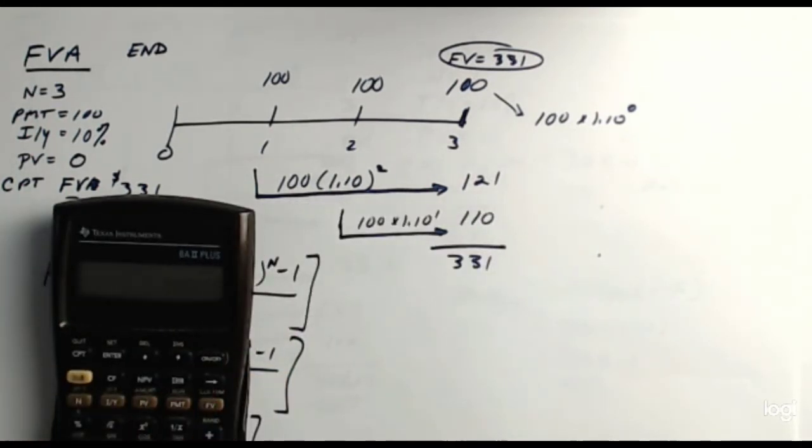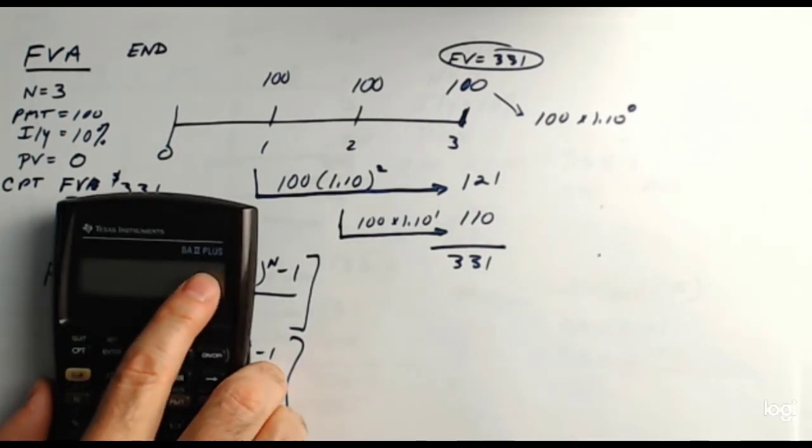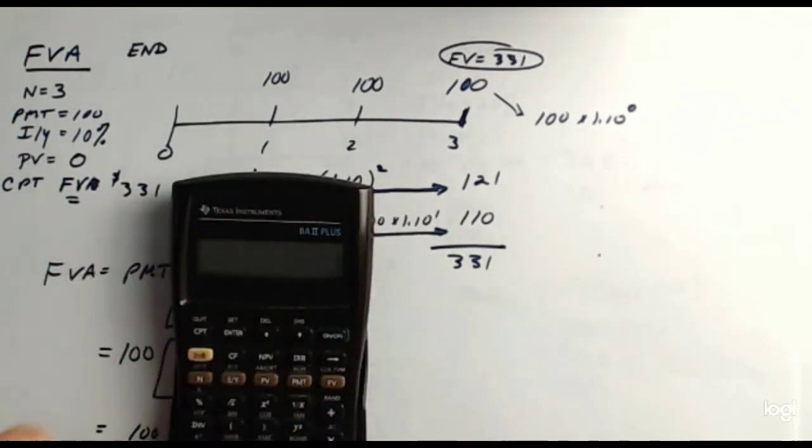Now, one of the other things you should be aware of is if you're on a quiz, you're doing your homework, and you're doing these calculations, and you're asked to do an ending annuity, then a beginning, and then an ending, make sure that you stop and ask yourself, do I have the right notation up here? In other words, am I in an ending annuity mode, or am I in a beginning annuity mode?